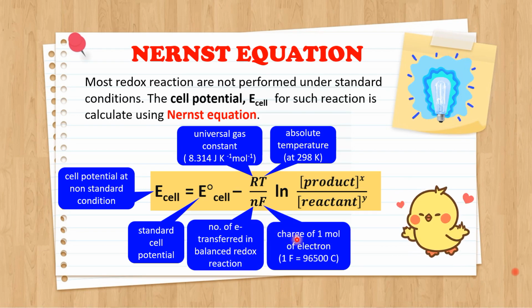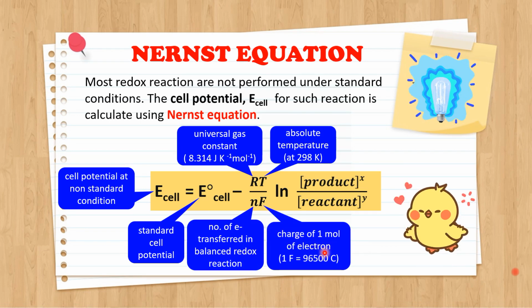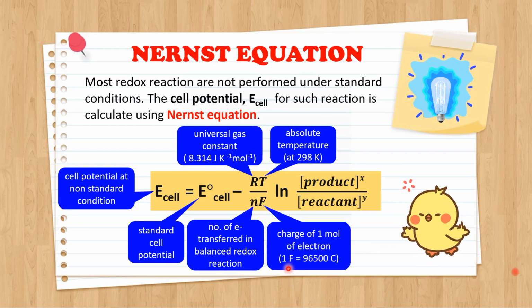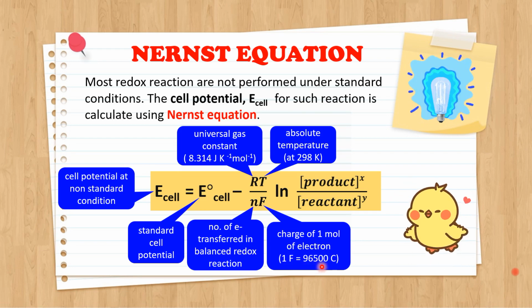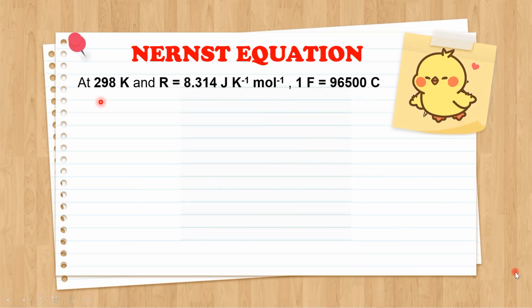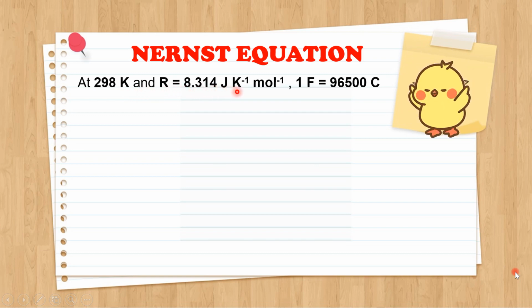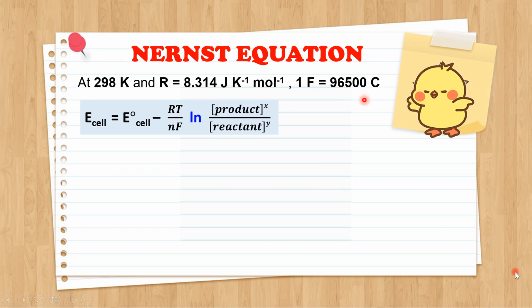F refers to the charge of 1 mole of electrons, where 1 Faraday is equal to 96500 coulomb. So 1 Faraday is equivalent to 96500 coulomb.